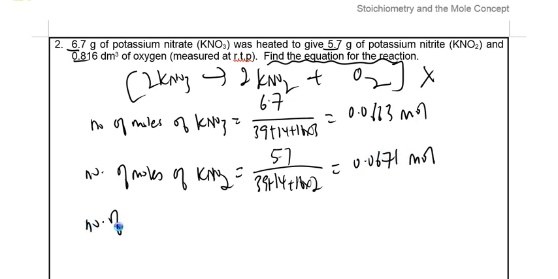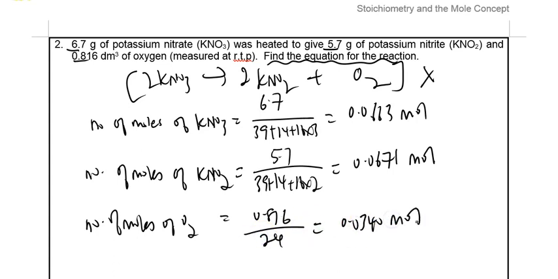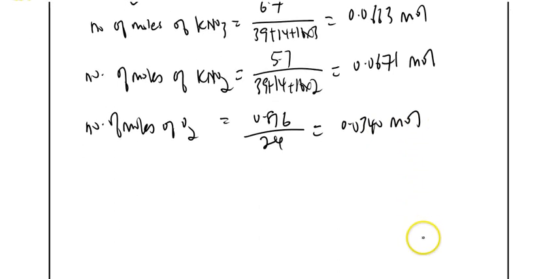And number of moles of oxygen is 0.816 dm cube divided by 24, 0.0340 moles.